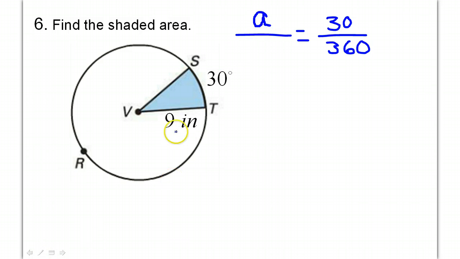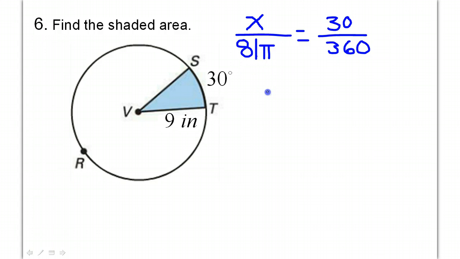But for the whole is the area of the entire circle. So I need to do pi r squared. Radius is 9, so r squared is 81. So that makes this 81 pi. Time to reduce the fraction and cross multiply.